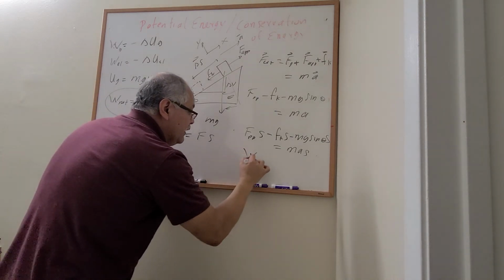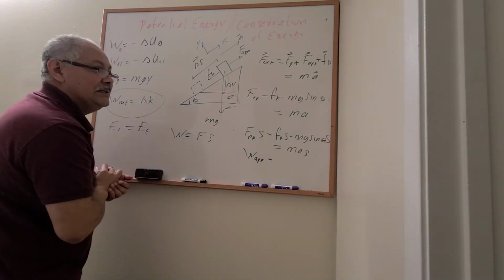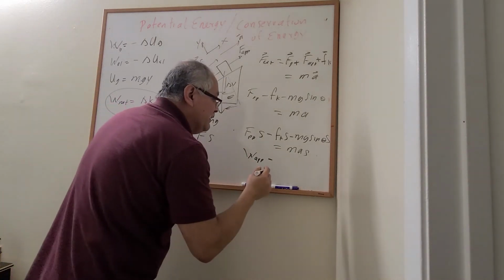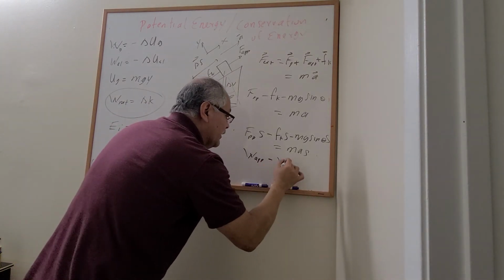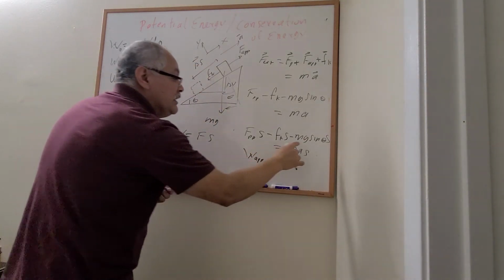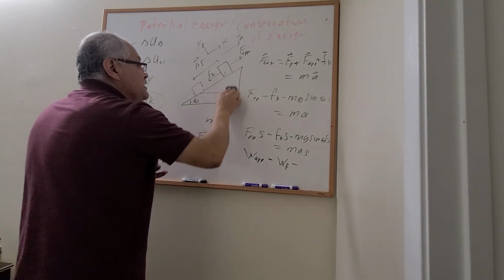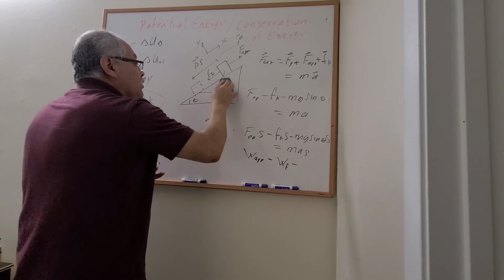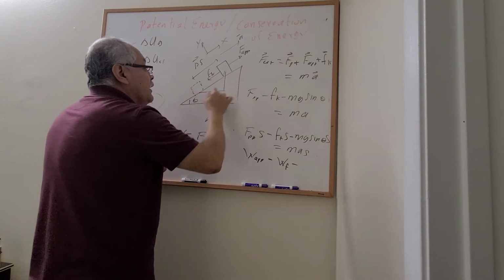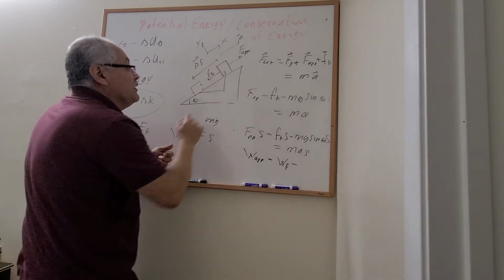So what do we have then? It's going to be the work done by the applied force, minus the work done by friction, minus, what should be this magnitude? Well, let's pay attention again to this triangle. We found that the object increases its potential energy.